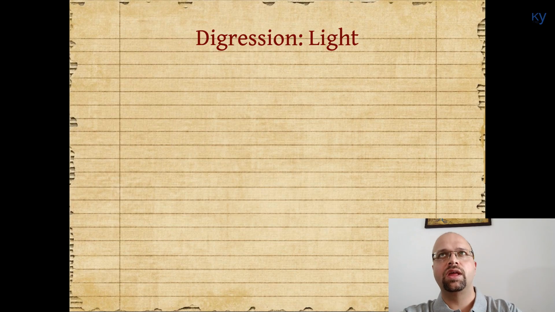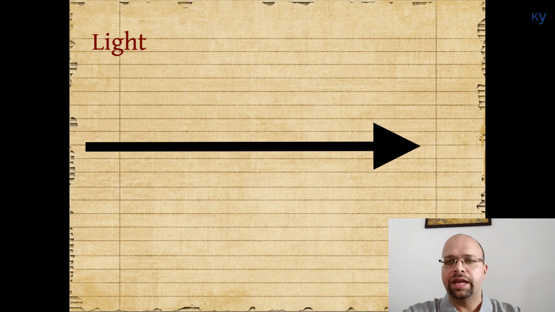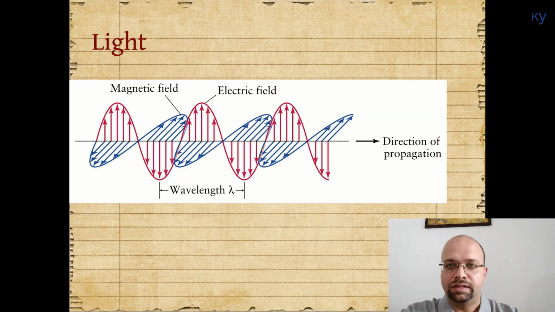So let's begin. Now, we need to take a digression here and discuss light in great detail. If I take a ray of light and zoom in at the smallest possible level, it looks like this. It is a collection of oscillating magnetic and electric fields.